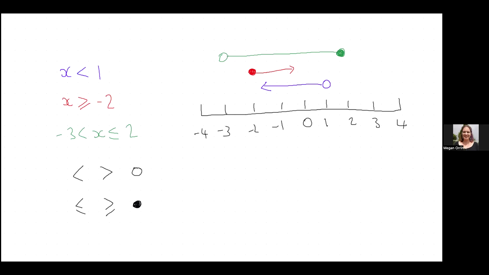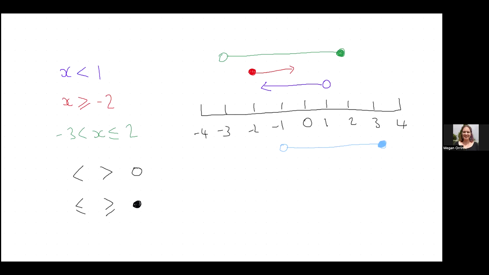They'll give you the graph, and then you've got to write an inequality from it. So if I did something like this, can everyone just grab out a pen for me? I would like you to write this as an inequality for me. Okay, so write that inequality, and then I'll show you what it should be, and we'll make sure we all got it right. So do this blue one.